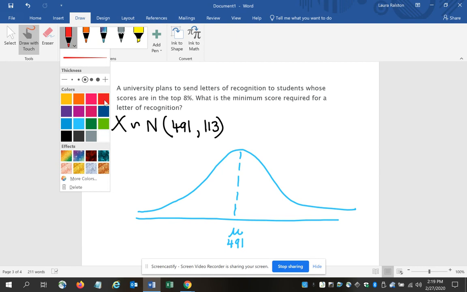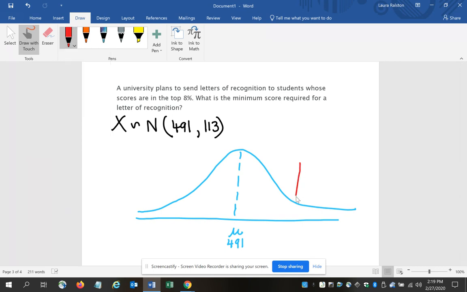So I hope you realize that the idea of the top 8% is going to be some cutoff score to the right of the mean, so that we're going to send letters to those who are in the top, in the sense that you're on the right side where the higher values are, 8%.